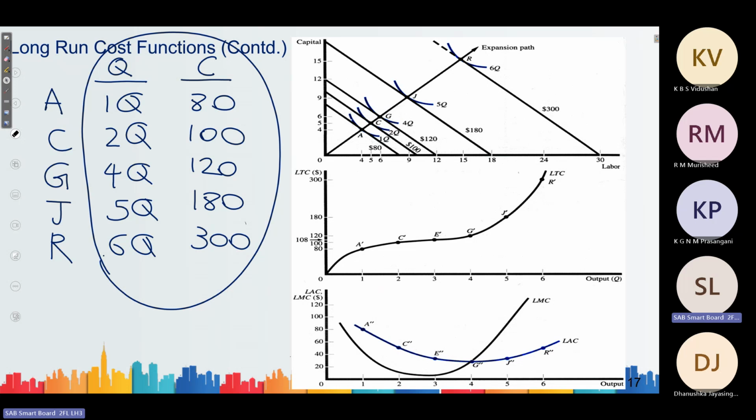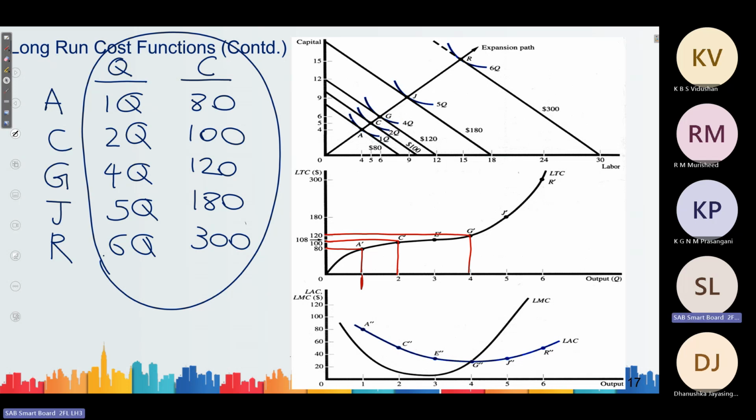For example, to produce the 1Q level of output, it requires 80. To produce the 2Q level of output, it requires 100. To produce the 4Q level of output, it requires 120.